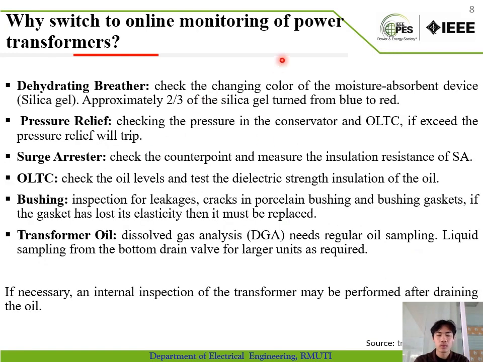Online monitoring of power transformer can solve all these problems. For the dehydrating breather, there is no visual silica gel inspection, replaced by an automatic silica gel regeneration process. For pressure relief with the online system, we can continuously monitor pressure with available alarm thresholds, which means we get an alarm signal before the transformer fails.